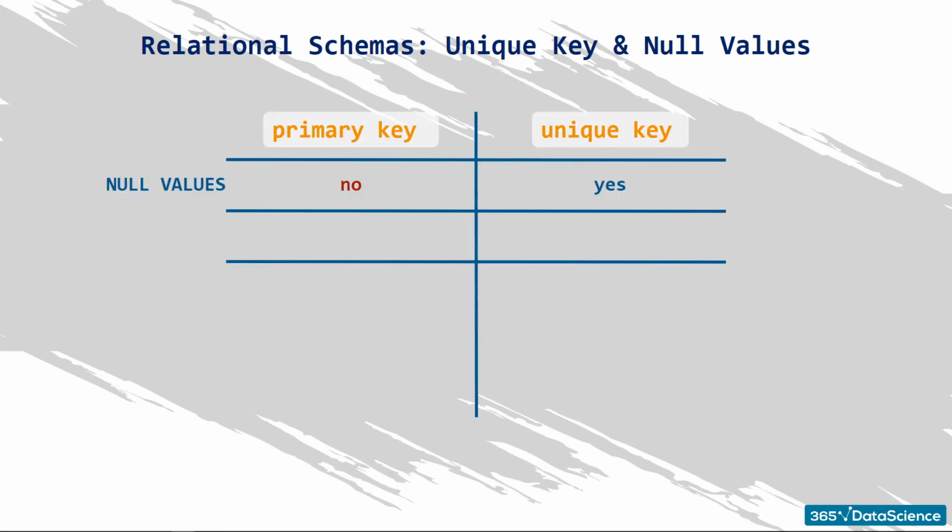In addition, a table can have 0, 1, 2, or more unique keys. This means that depending on the requirements of the database, a table may or may not contain one or more unique key columns.